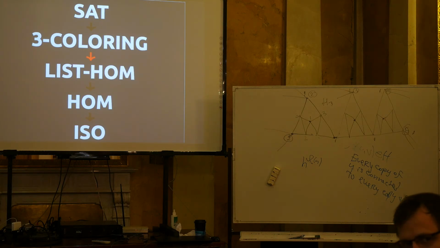So this is the step that you would need to improve. Unfortunately, that's not the only step which we need to improve. Here, for example, moreover, 3-coloring can be solved much more efficiently than 2 to the n.